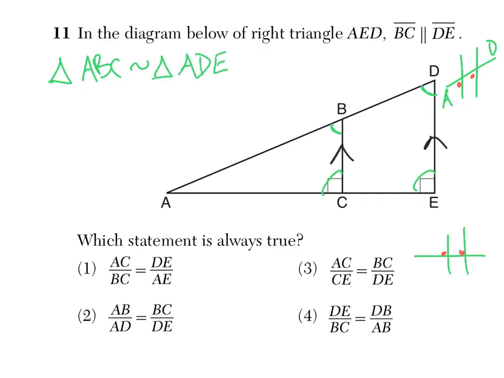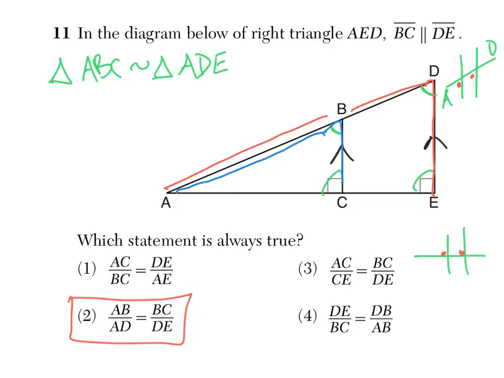Great, so now which statement is always true? Sometimes what I like to do is simply just highlight the small triangle and its relationship to the big triangle. And I know that when I look at these four proportions, option number 2 is the correct answer, and let's think about why.